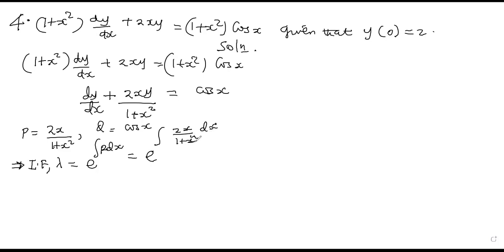But this is 1 plus x squared; when you differentiate the denominator, you get the numerator. So it is e to the ln of (1 plus x squared). You use ln when the derivative of the denominator is equal to the numerator. When you differentiate x squared, you get 2x. So my integrating factor is going to be 1 plus x squared.